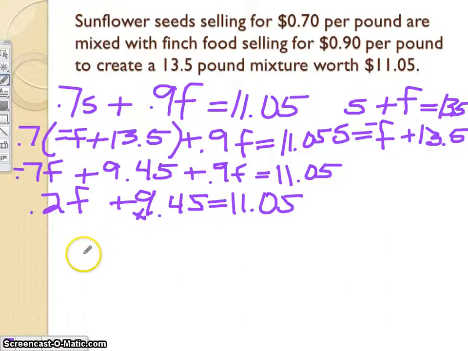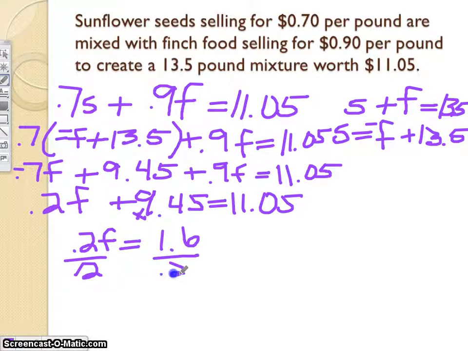Now subtract 9.45 from both sides and we end up with 0.2F is equal to 1.6. Divide both sides by 0.2 and we get F is equal to 8. We know that there are 8 pounds of Finch food or Finch seeds in that mixture.